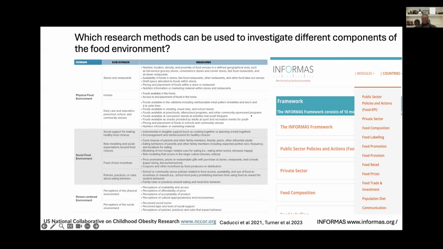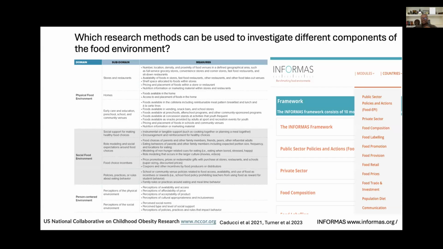I'm very much aware this slide is not very visible, but that which you have to pay attention to are the sources that are listed at the bottom. Beginning with the US National Collaborative on Child Obesity Research, we usually refer to it as NCORE. And then a review also done by Bianca Cadusi, published in 2021, reviewed the different food environment research approaches or methods. It's actually very useful.